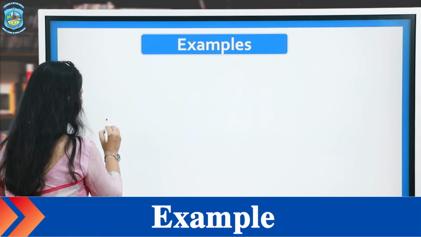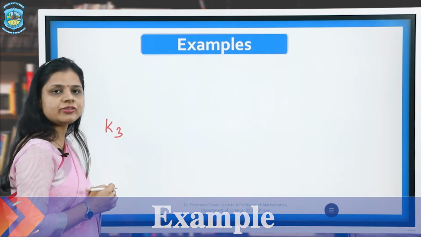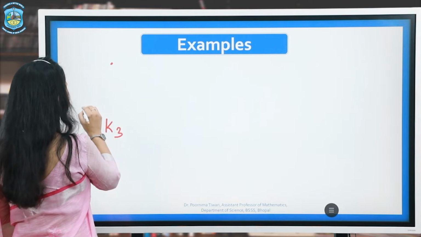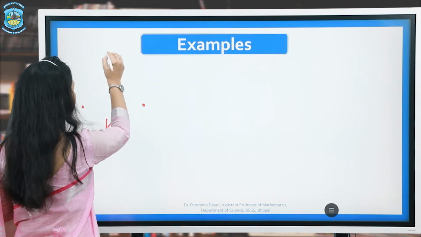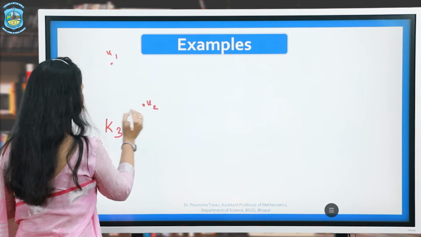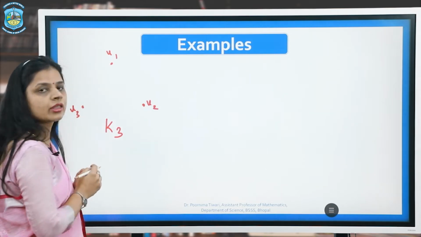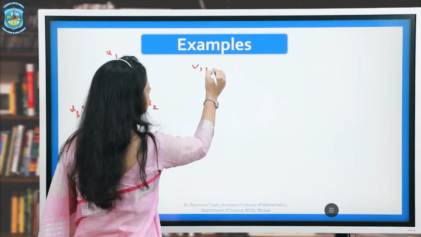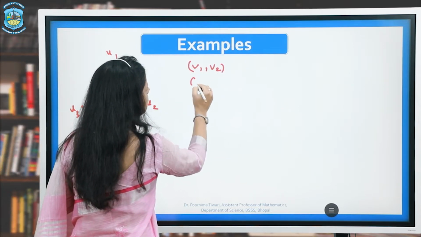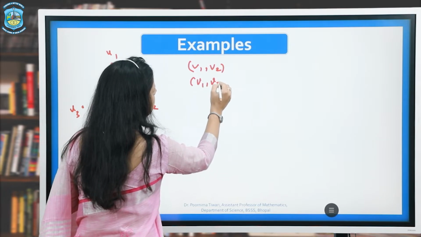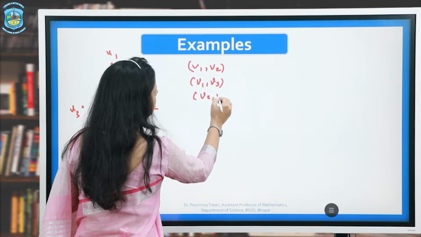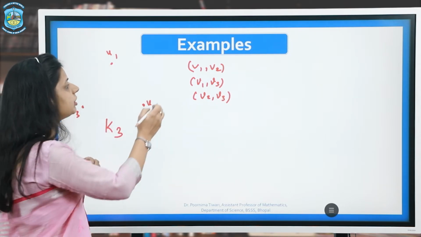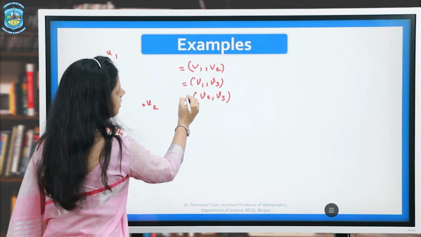If we have to draw a complete graph of 3 vertices, that is K3, first we'll draw 3 vertices and we may label them as V1, V2, V3. Now you can see that there are 3 pairs of vertices: V1, V2, second V1, V3, and third V2, V3. So we have to draw an edge between each pair of vertices.